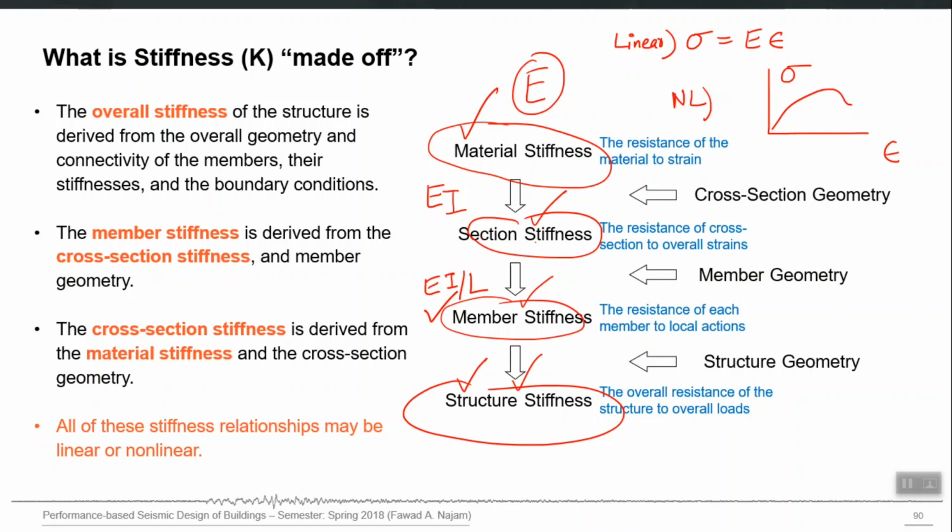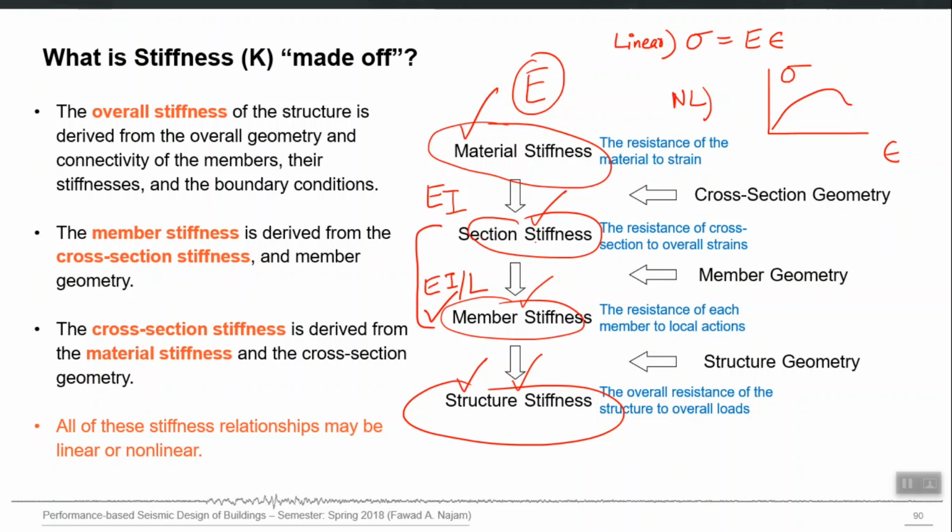In the concentrated plasticity approach, you can go for these two levels. You can put a hinge in your computer model and directly define the cross-section action, cross-section deformation relationship to it. No need to modify material or make it nonlinear.